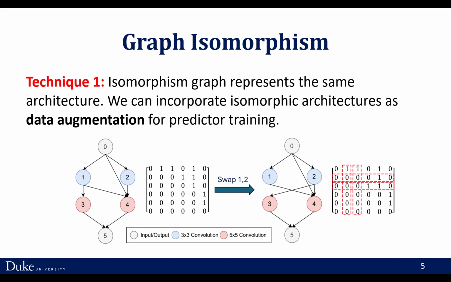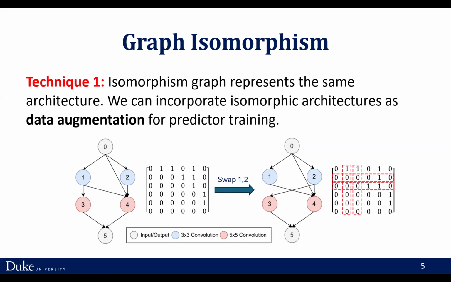Inspired by this observation, we can see that within our search space, there are multiple nodes representing the same operators, such as one-by-one convolutions and depth-wise convolutions. If you convert a single graph into an isomorphic graph, using swaps or permutations of the adjacency matrices, you end up with an isomorphic graph without needing to train the same architecture on the hardware and obtain all of the metrics again.